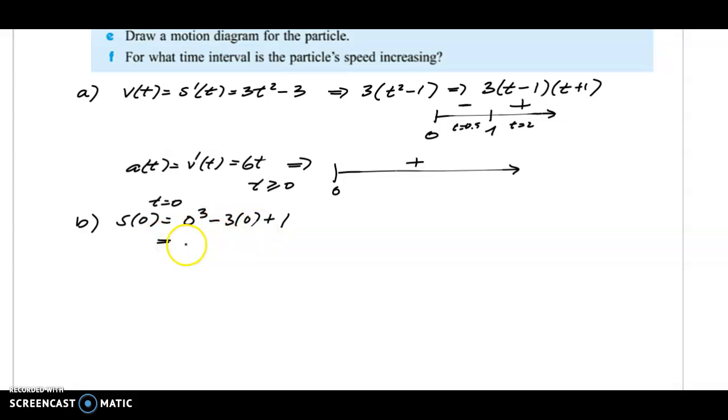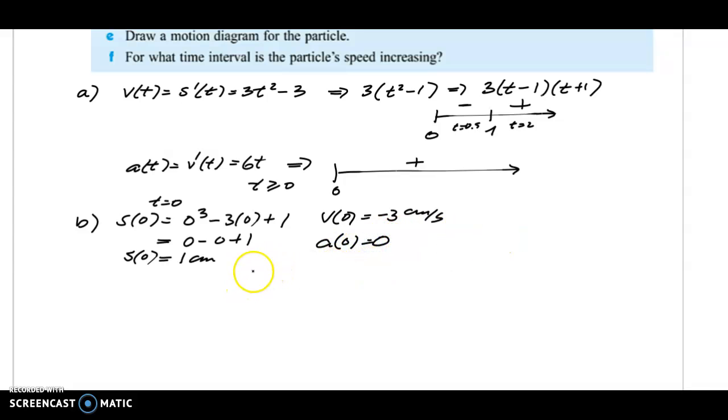This is 0 minus 0 plus 1. This is 1. So there we go. It's going to be 1 centimeter. Right? And if you take v of 0, you'll get minus 3 centimeters per second. And then acceleration at 0 is going to be 0.